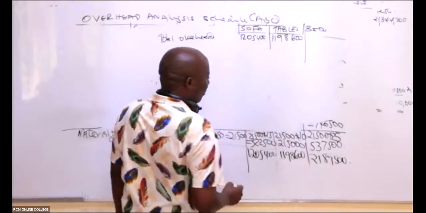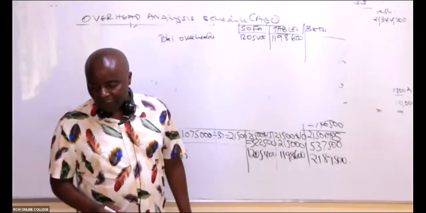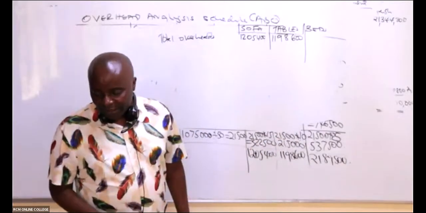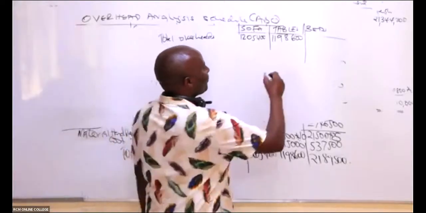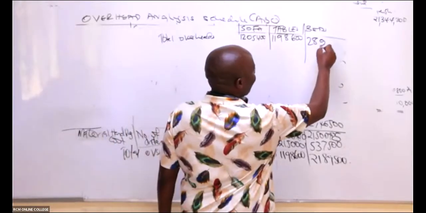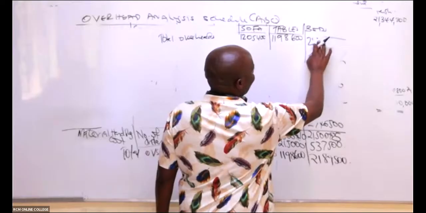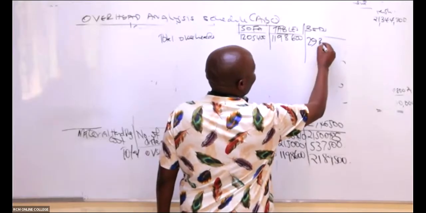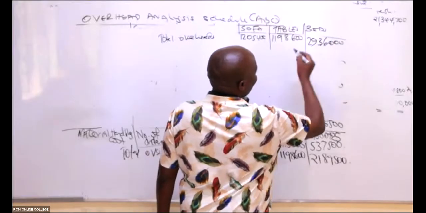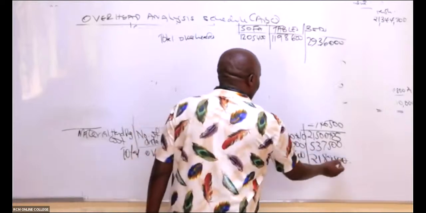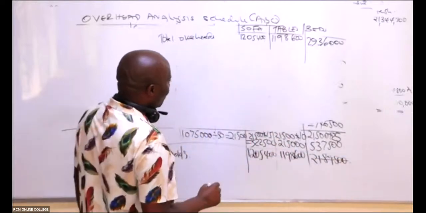Oh, this figure is wrong. No problem. The last figure, 29, 36, 289 or 29,000. So please correct this figure. Madam, you can just check where you went wrong.